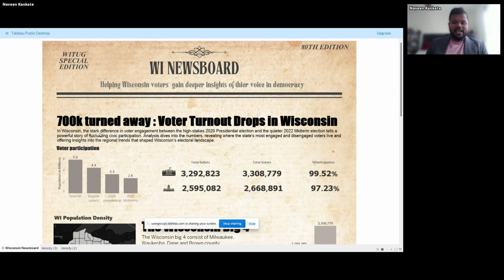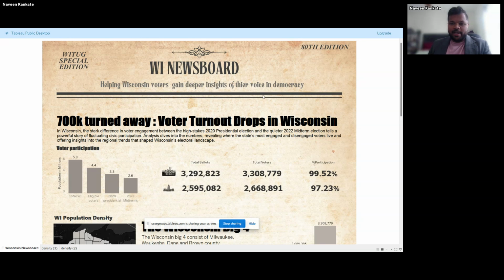This is a national phenomenon, and Wisconsin is not an exception to it. Where there is a presidential election, you will see a higher turnout because there are a lot of eyeballs that come through. But regional elections tend to be a little lower in participation. So that reflects in our data.